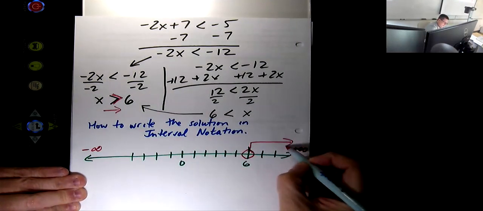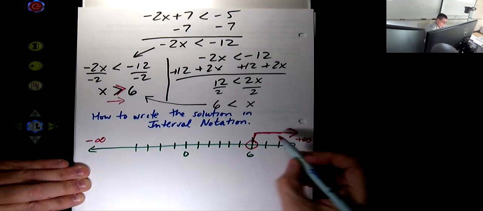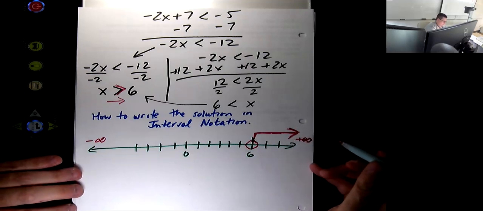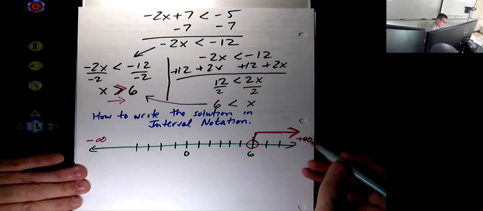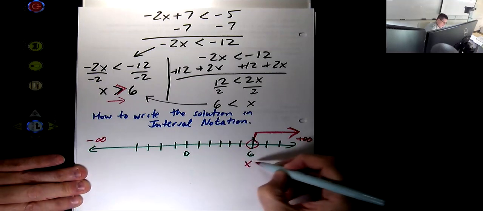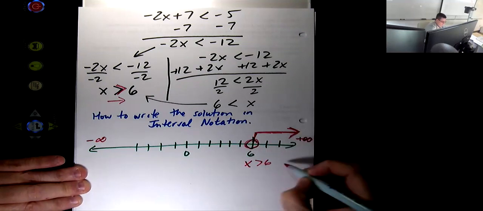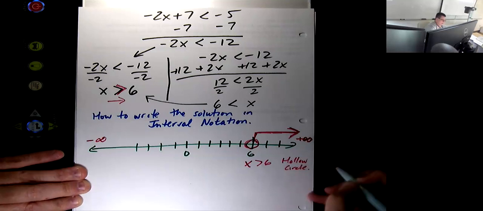I'm going to do values to the right. So filling it in on a number line. If you have x is greater than 6 like this, you get a hollow circle. We don't fill it in.